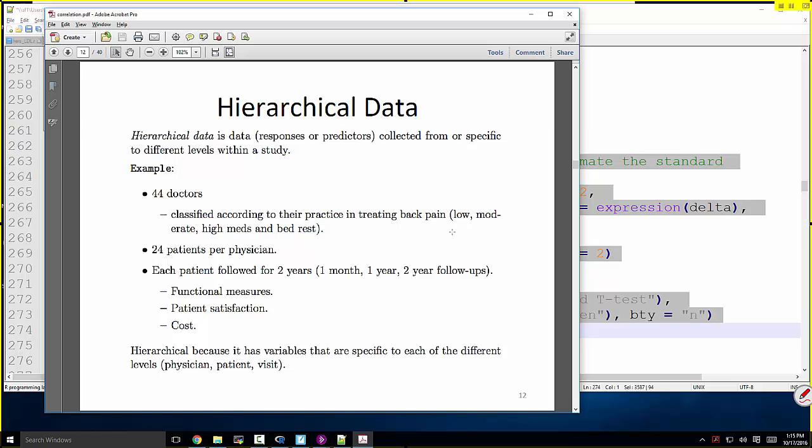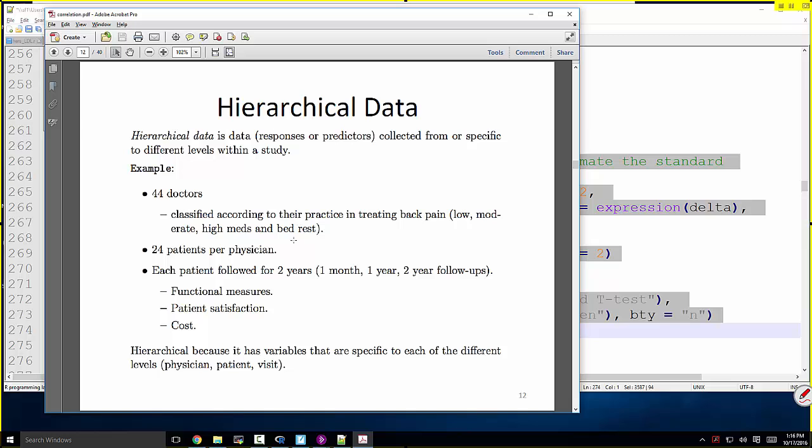Is your practice about treating back pain? Do you specialize in low treatment effect conditions, or moderate or high? Actually, these are medications. So do you use little medication, moderate medication, or high medication? Or just bed rest?